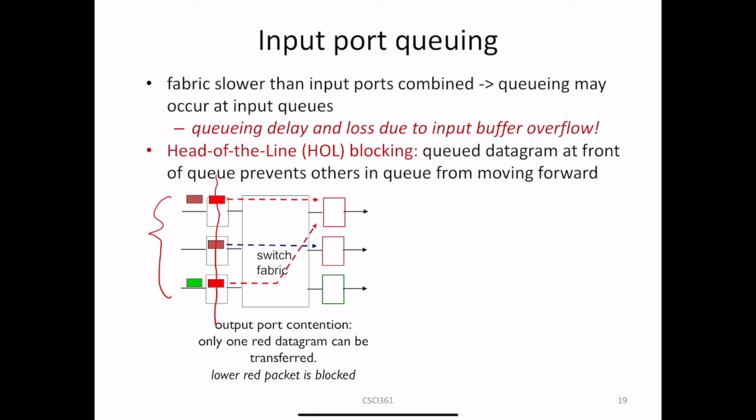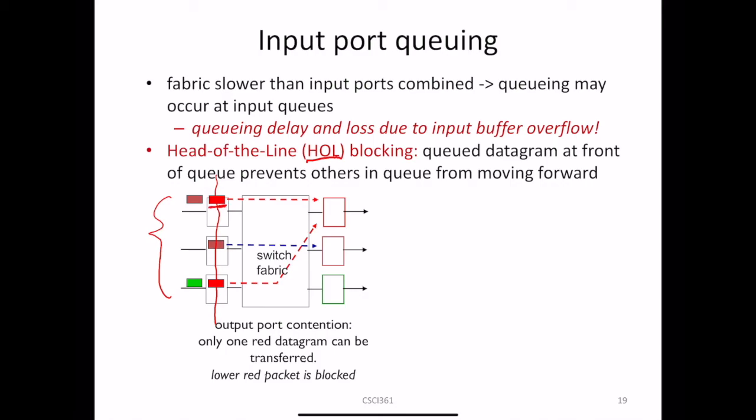And there's another reason that can cause input port queuing. We call it head of the line blocking, or HOL blocking for short, which means the queued datagram at the front of the queue prevents others in the queue from moving forward. Let's see our example.